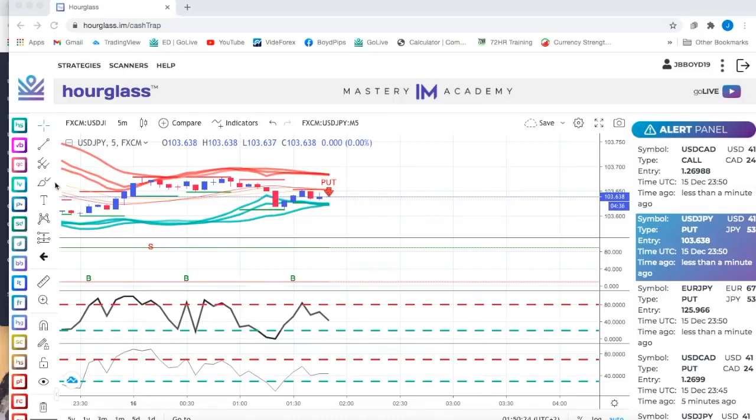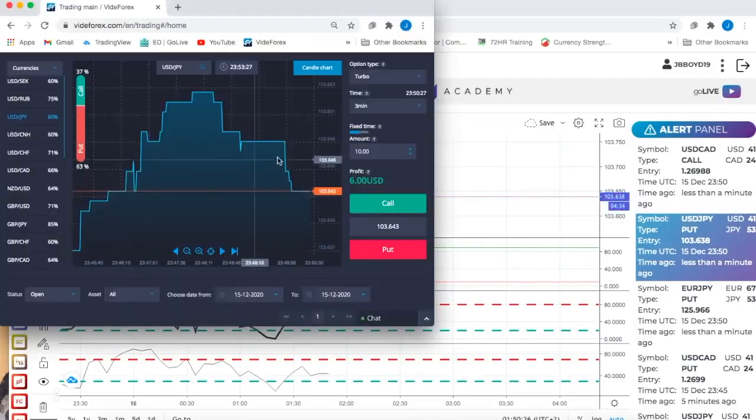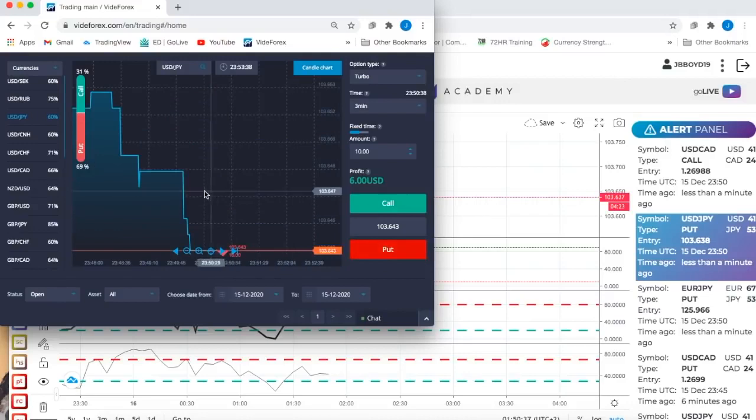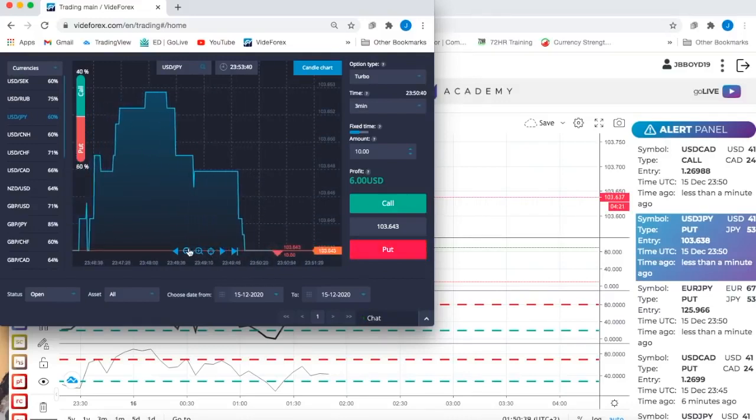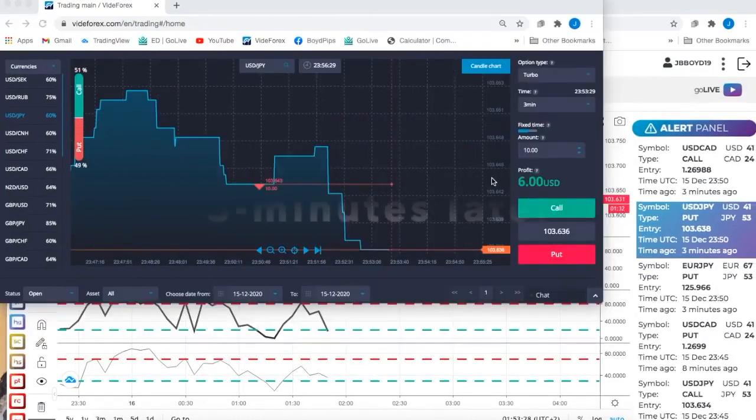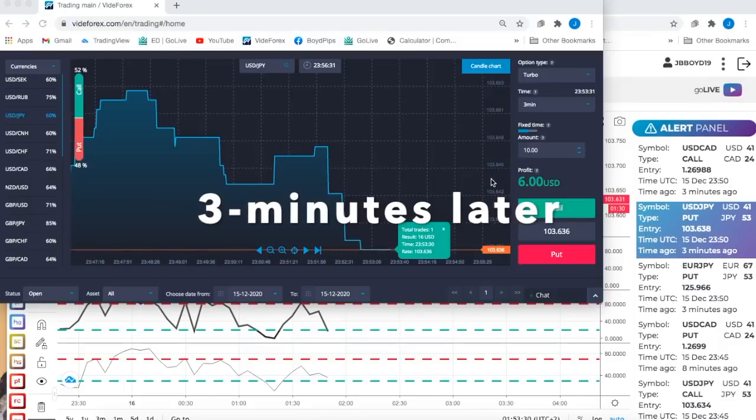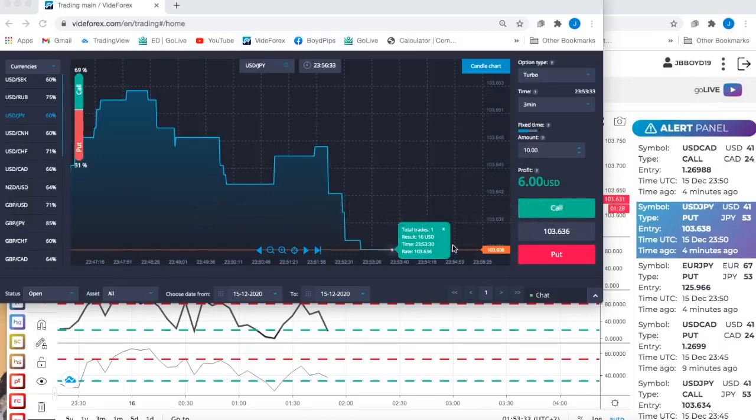So here we can go over to our brokerage platform and place a put option on USD to JPY for 3 minutes. Okay, so now we've placed that trade. We will wait the 3 minutes and we'll see how this plays out. And there we win the trade simply by following the rules of Cash Trap 2.0.